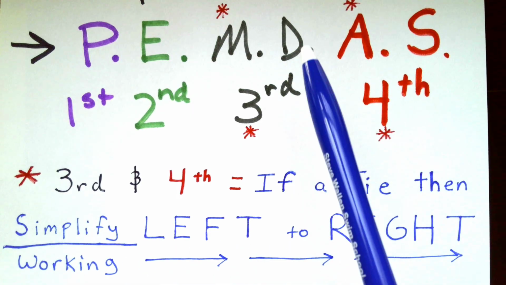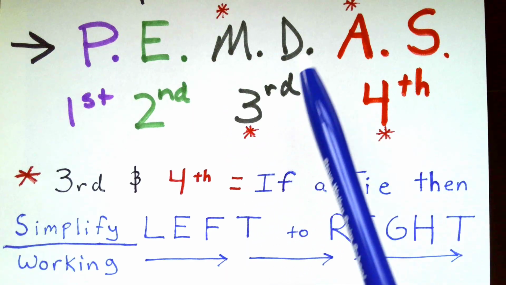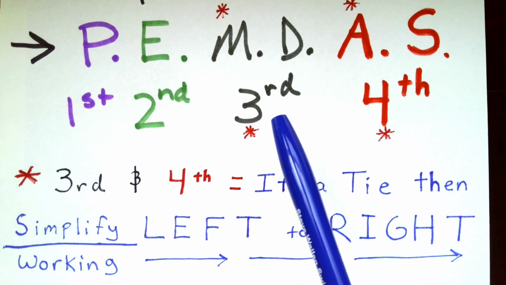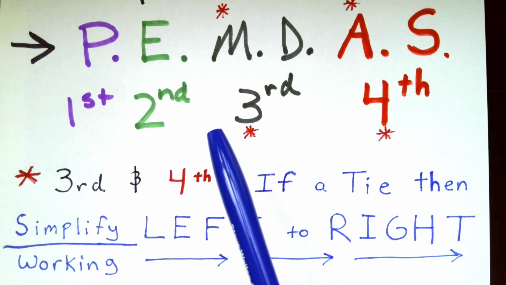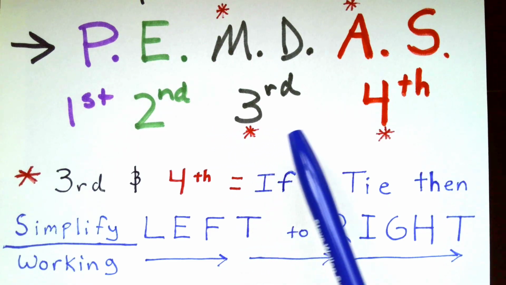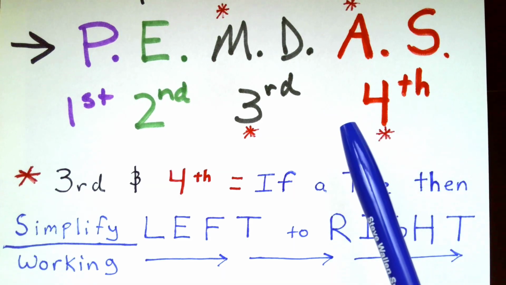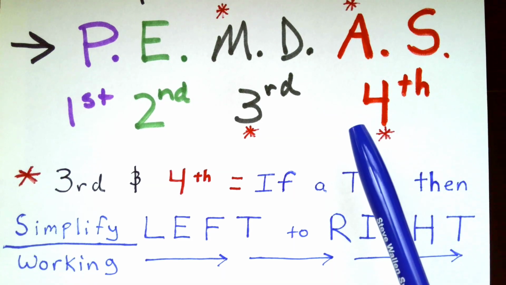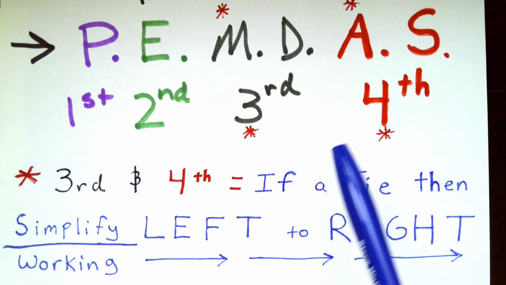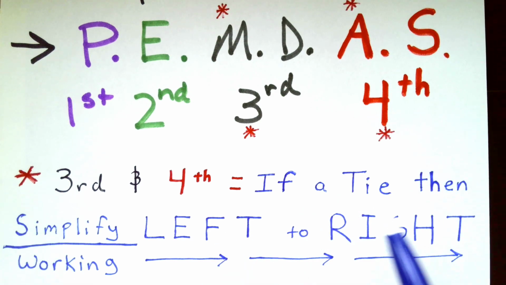So for example, if you have 2, 3, 4, 5 steps and they're all multiply and divide, you work from the farthest left and simplify all the way to the right. Same thing with add and subtract. If you have 5 or 6 add or subtract terms, you work from left to right in simplifying those terms.